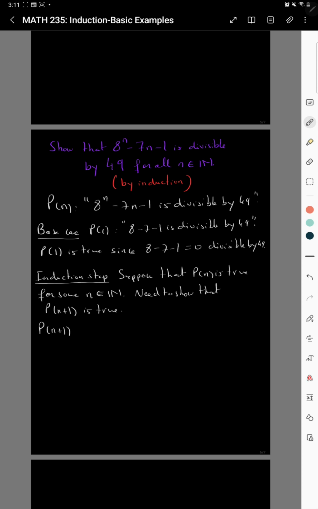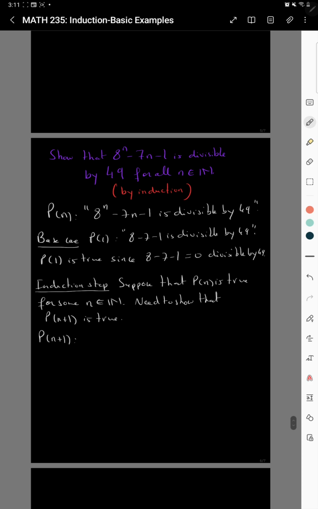Wherever I have an n, I replace it by n plus 1. So it's 8 to the n plus 1 minus 7 times n plus 1 minus 1. The whole of n plus 1 must be multiplied by 7, and not just the n, is divisible by 49.